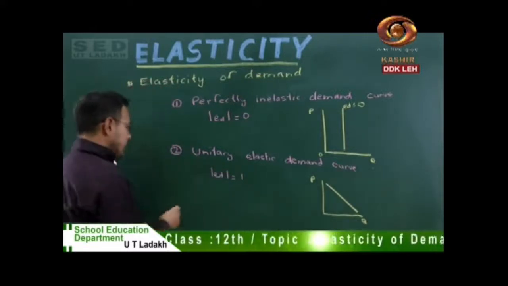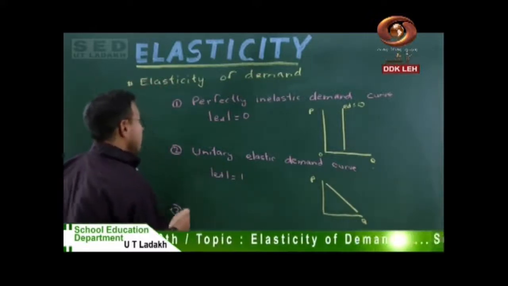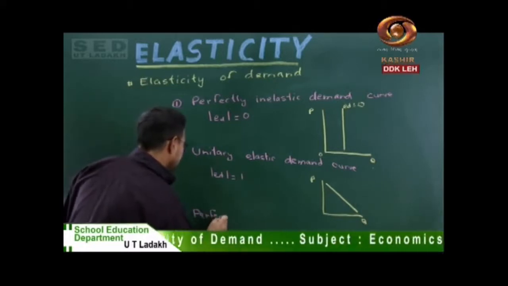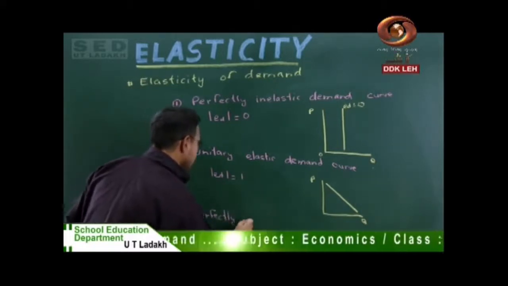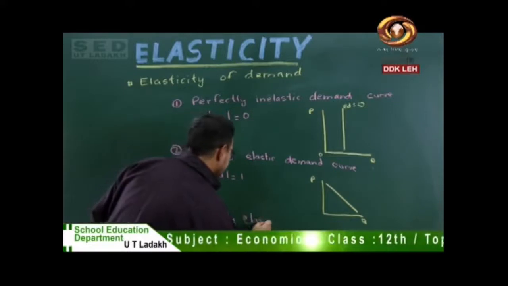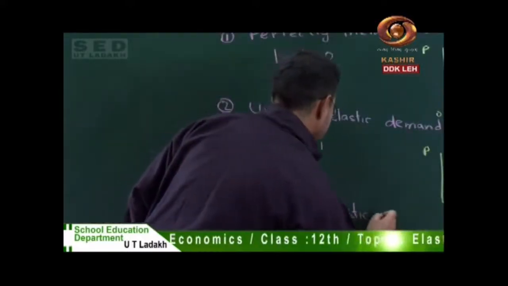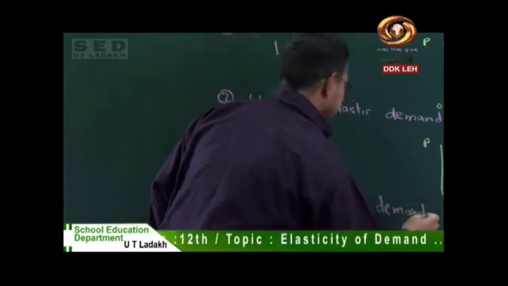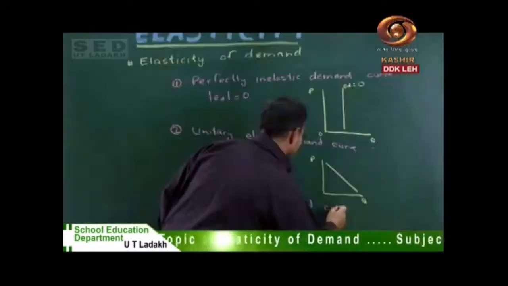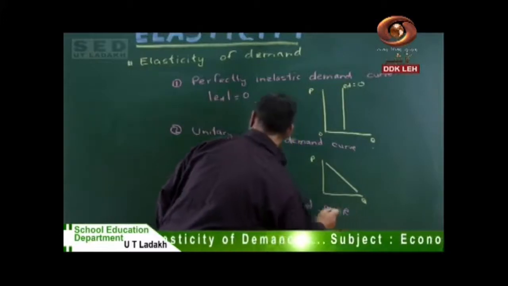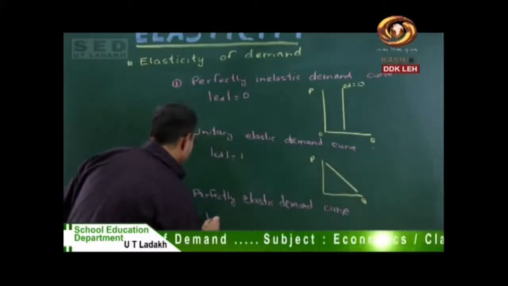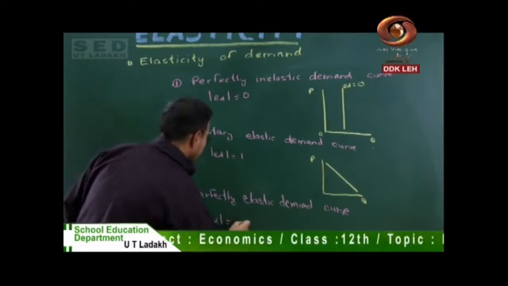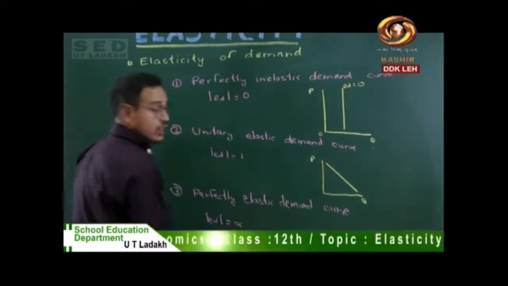Now the third category is the perfectly elastic demand curve. Over here, your value of ED will be equal to infinite, which means very, very large.